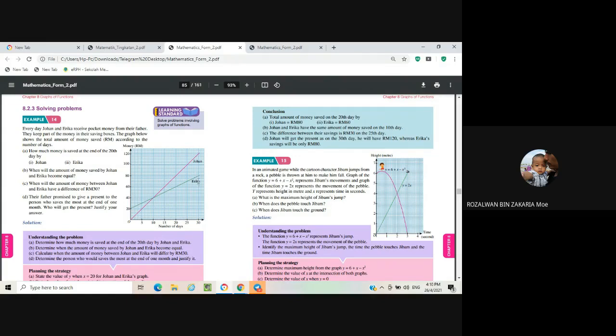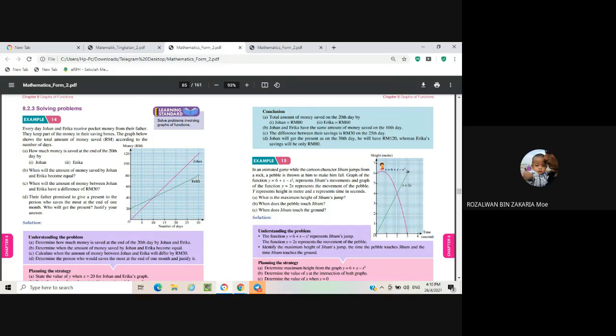Erica, after 30 days, kept the money until RM 80. So 120 minus 80 equals 40, right? 40, not the answer yet.